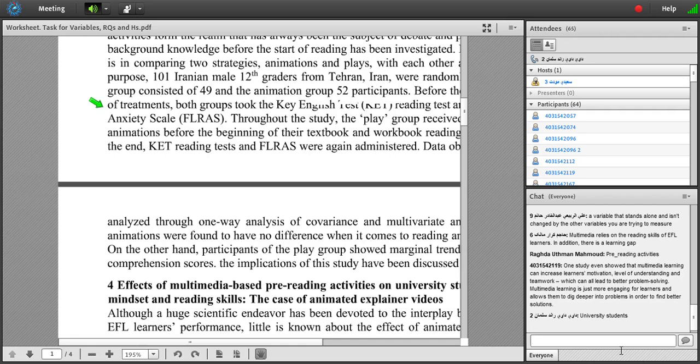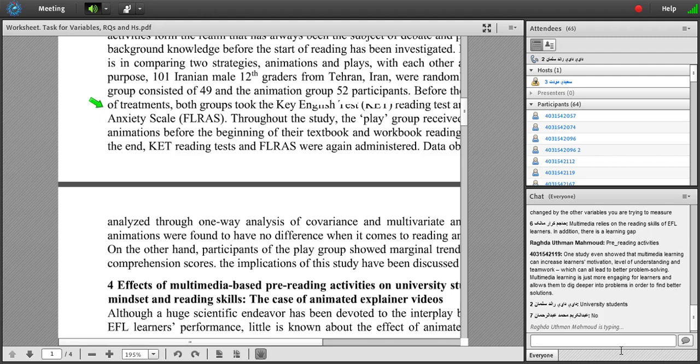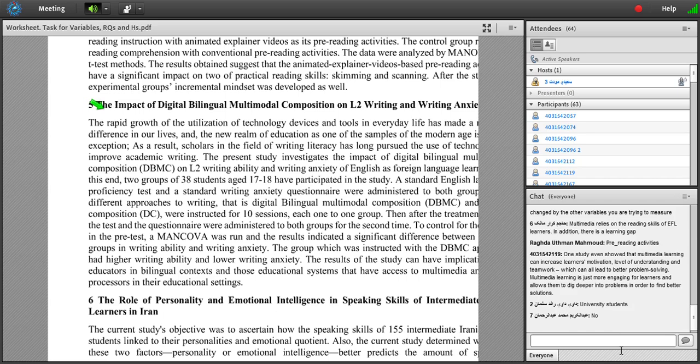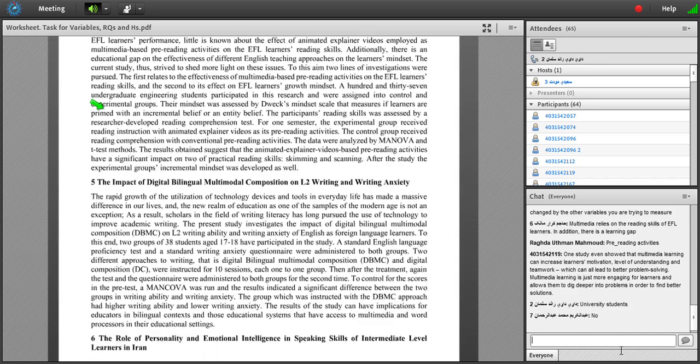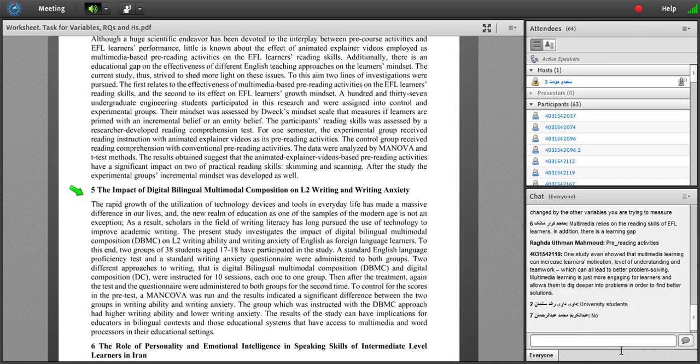Where is it? I see effect and multimedia based pre-reading activities on university. Now, can you see number 5? Yes. The impact of digital bilingual.